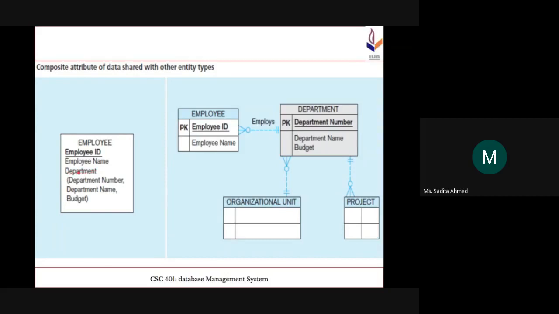Department একটা composite attribute. Composite attribute কেন বলছি? কারণ department has component parts. Department number, department name, budget. It has component parts. Department number, name, budget. So it's a composite attribute. All right? That's why we're calling it a composite attribute. Department number, department name, department budget.